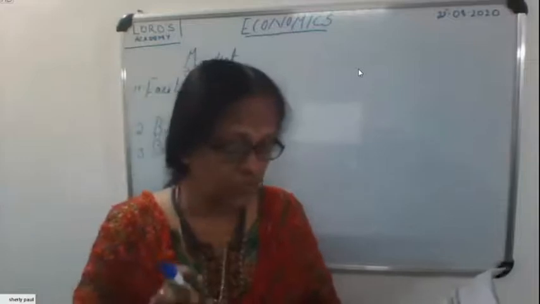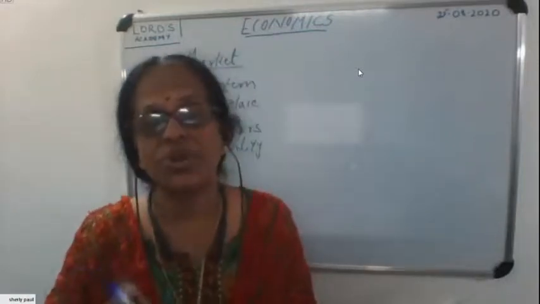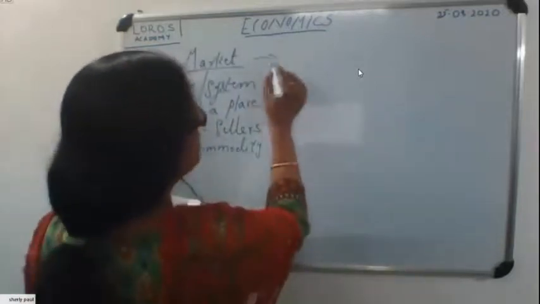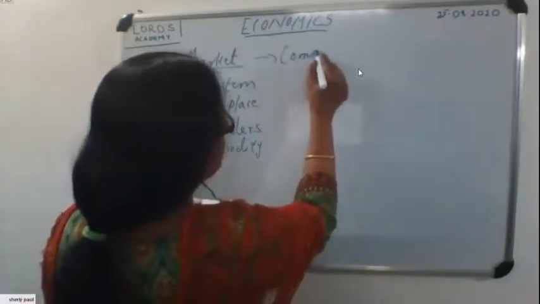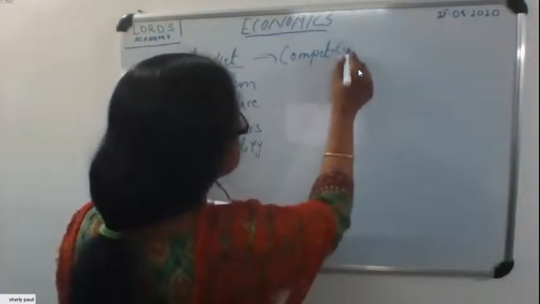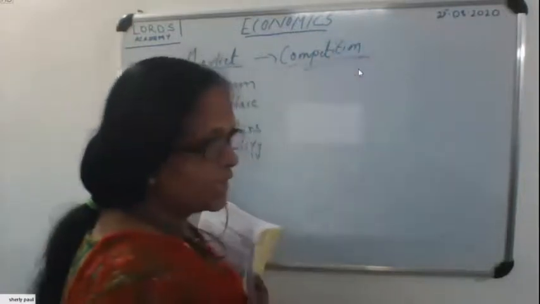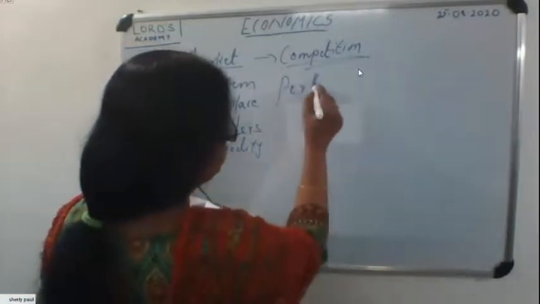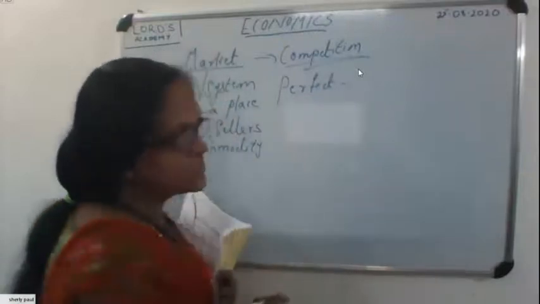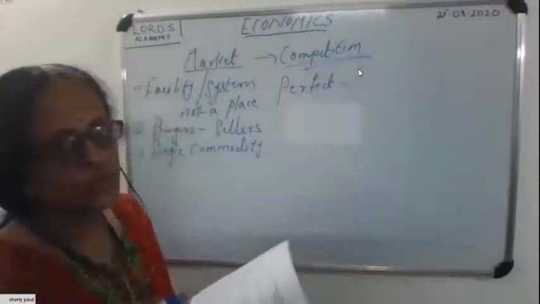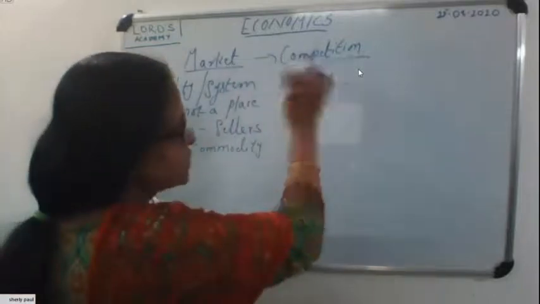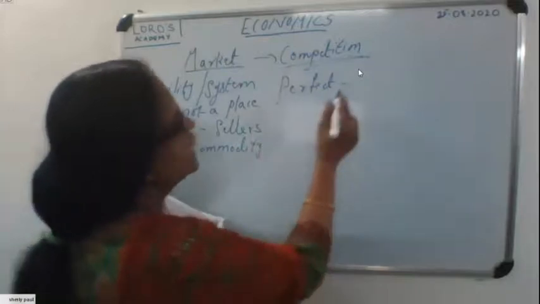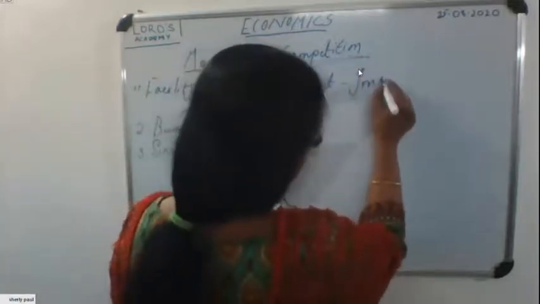We will study only the classification of market based on competition, because everywhere there is competition. Clear? In this competition-based classification, there is perfect market. Just the opposite of perfect is imperfect. These are the two markets on the basis of competition: perfect and imperfect.